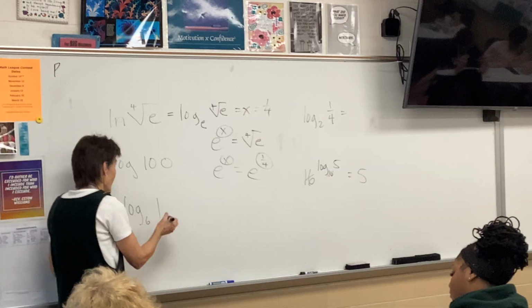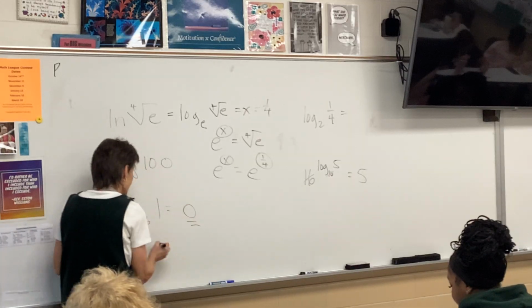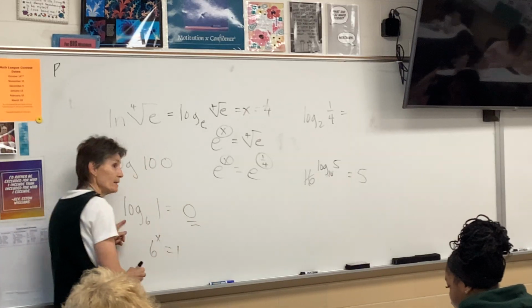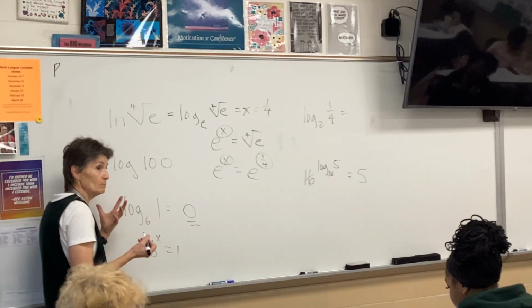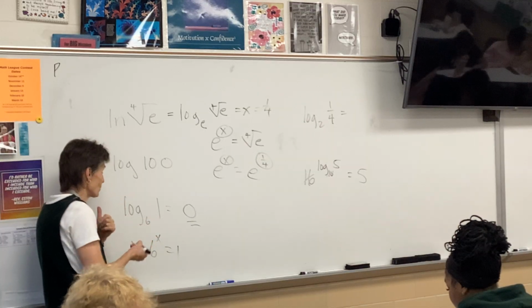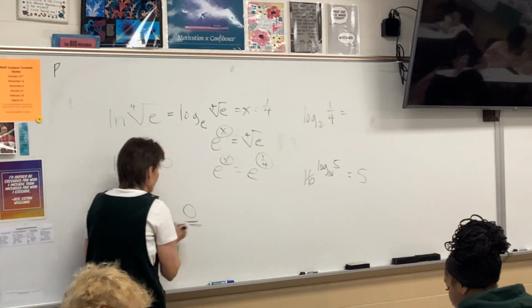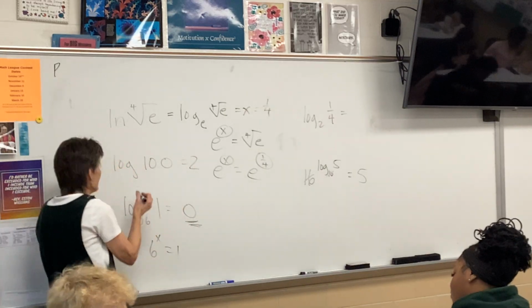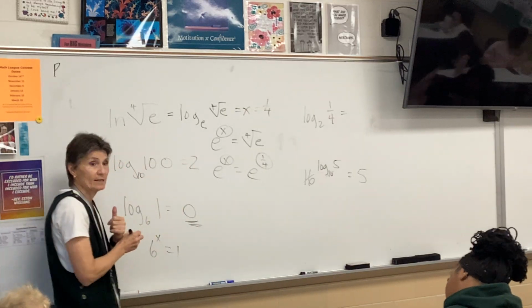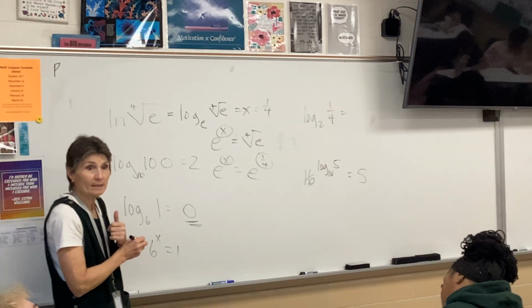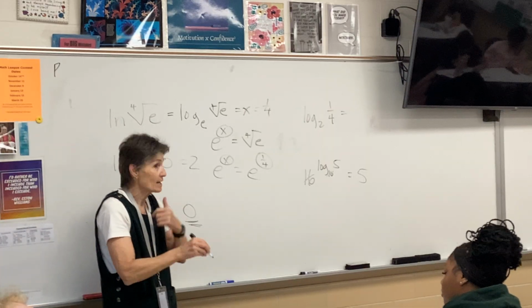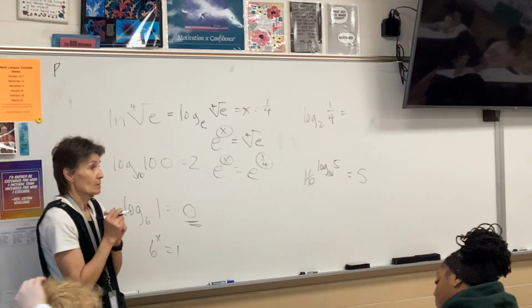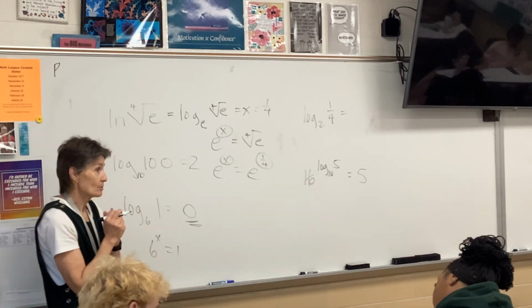C is 0, absolutely. Because 6 to what power is 1? It's gotta be 0. Is B 2? It absolutely is, because the base is 10, and 100 is 10 squared. So the answer is 2.